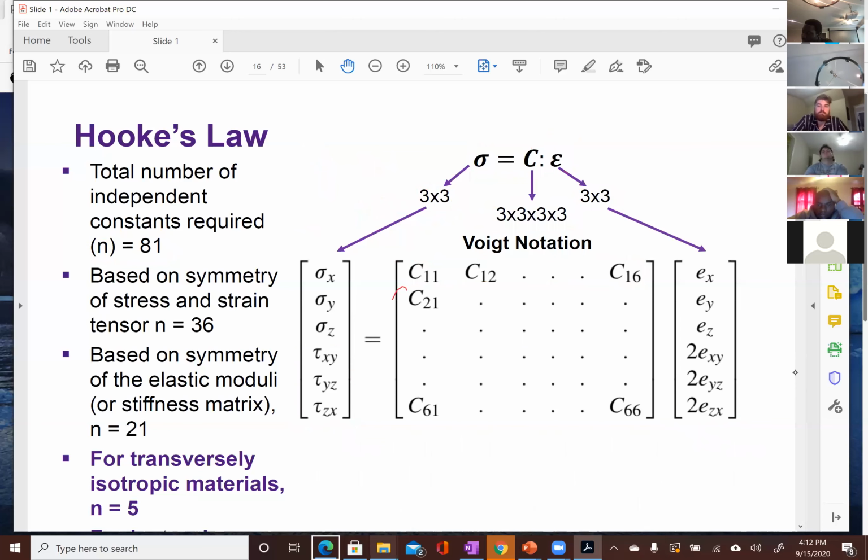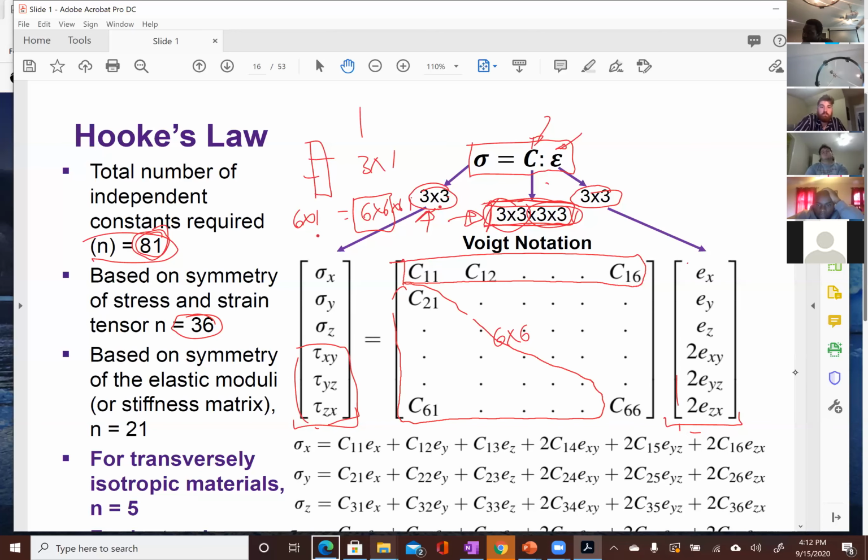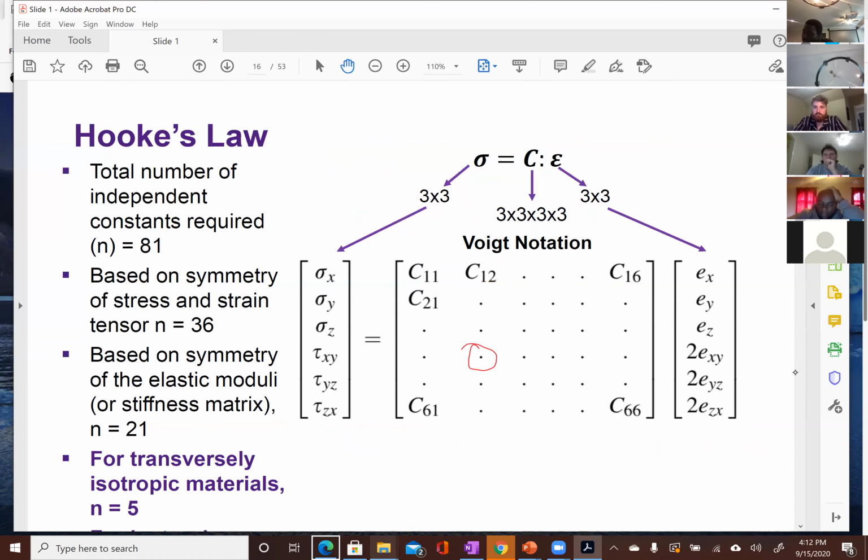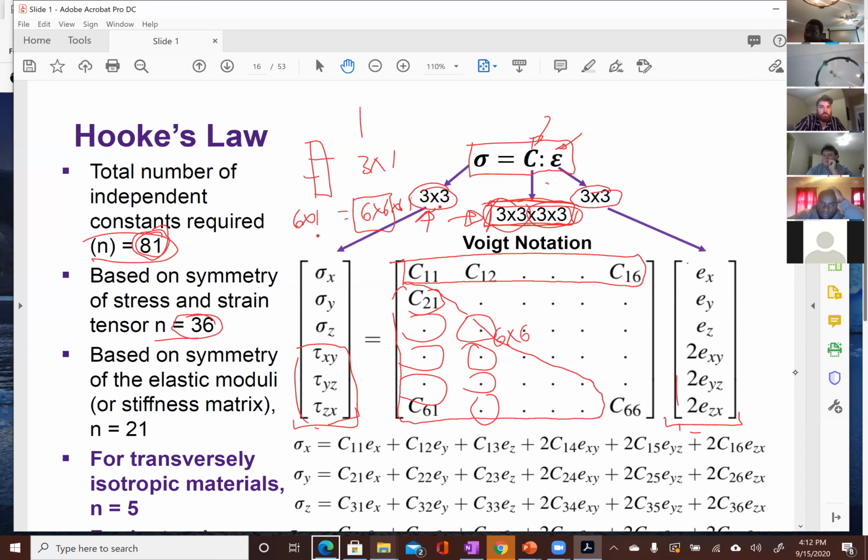And I'd like to ask this question: how many independent elements do you have left in the matrix? Right now it's 36, but everything below the diagonal is redundant. So when you take out all of those, what's the number of elements you're left with? Easiest way to think about it: how many do you have on the first column?